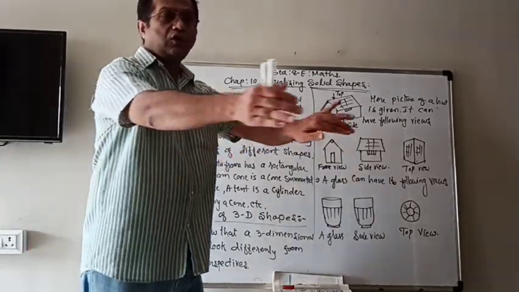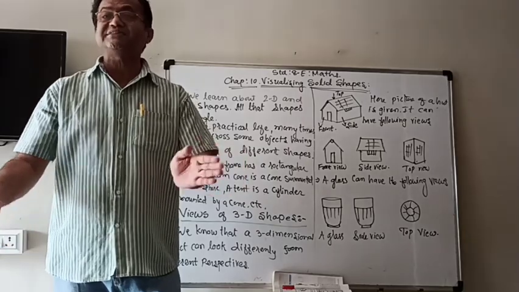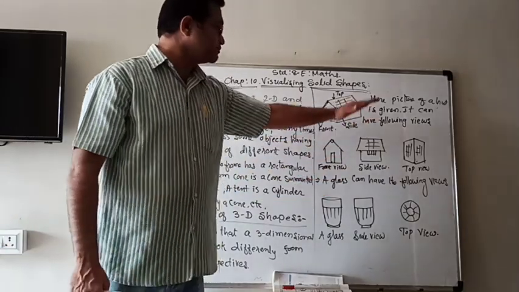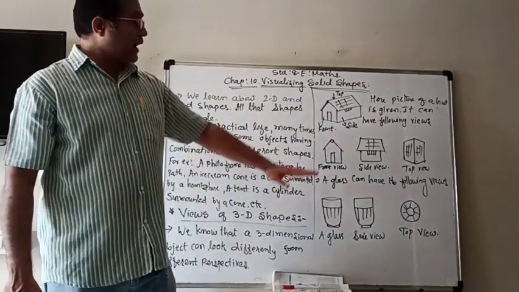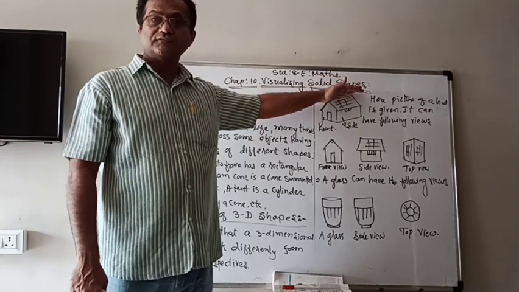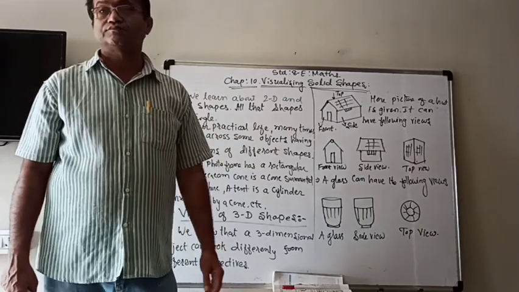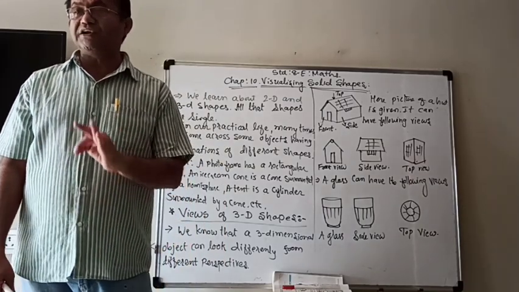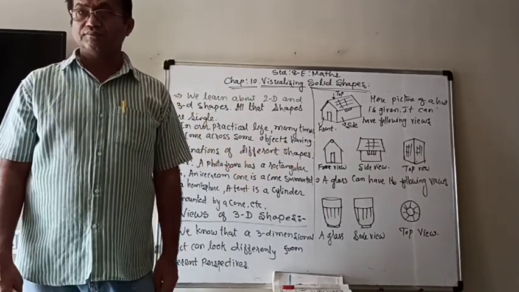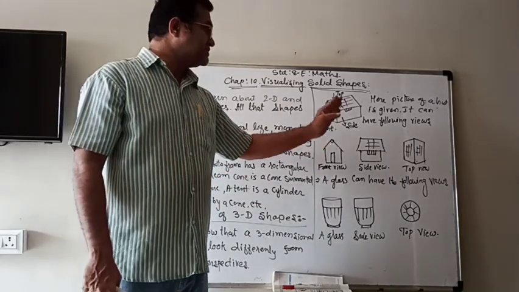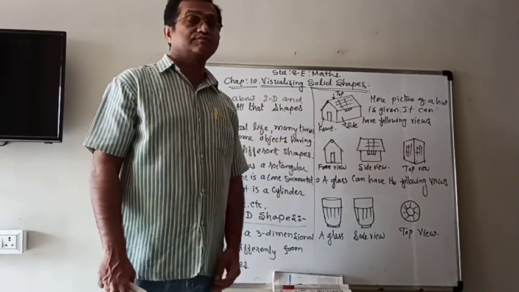Now if I go around and look from this side, I can see one side of the roof, the side wall and that window. Therefore, I will draw only these things. So that is the side view of this hut.